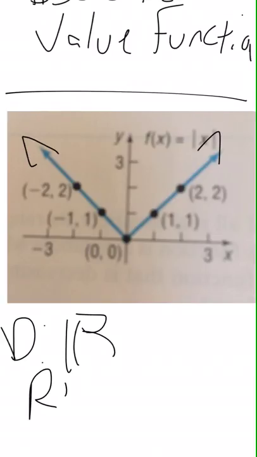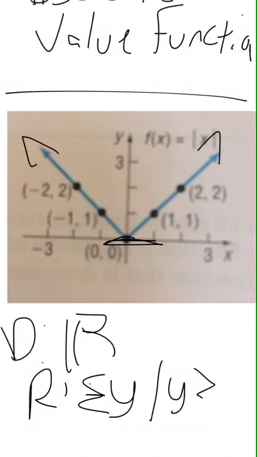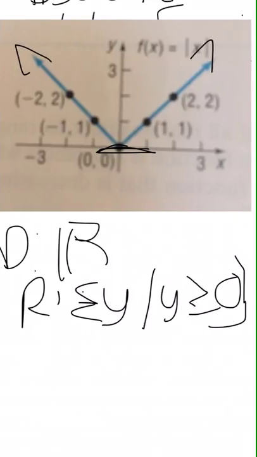And the range is just everything above the point, so it'd be the set of all y values such that y is greater than or equal to 0. And since it's symmetric about the y-axis, it's an even function.